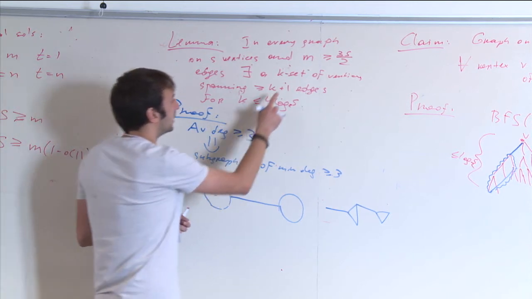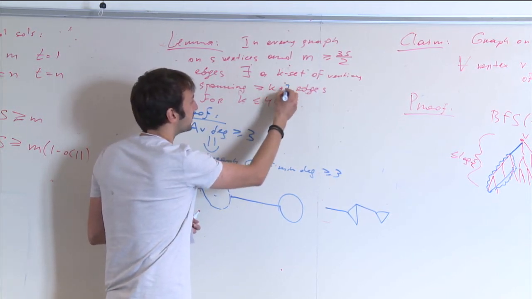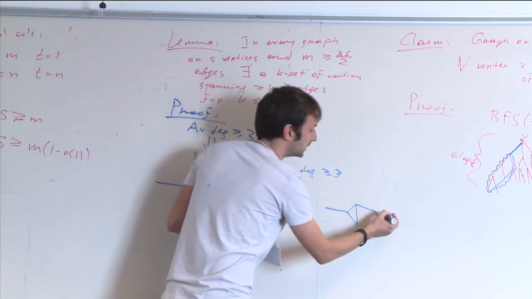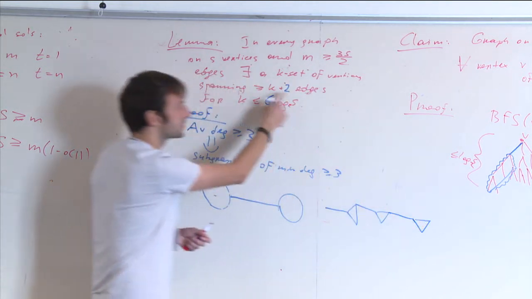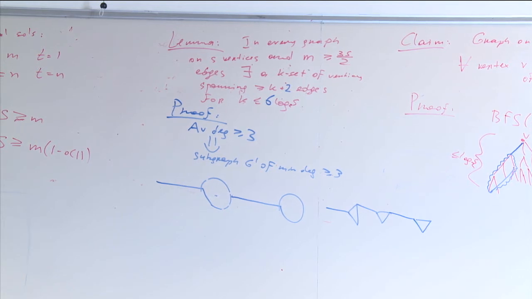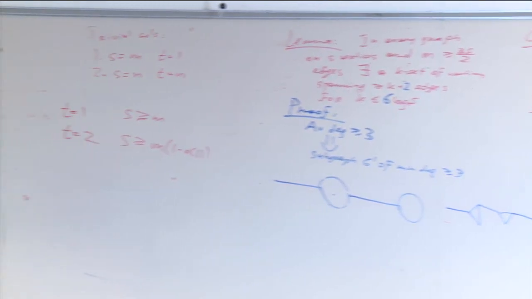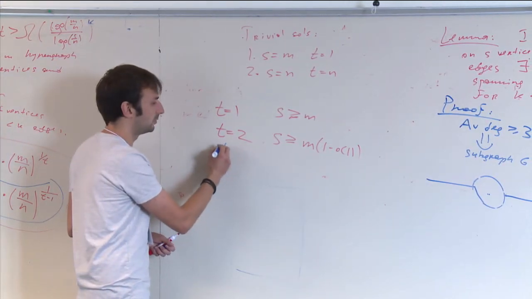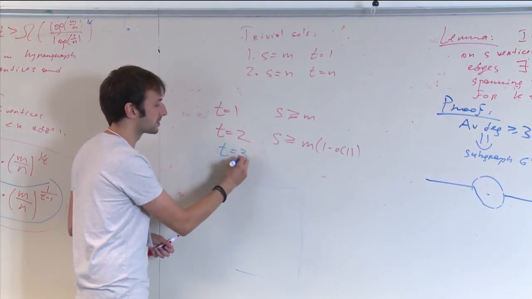In fact, I could say something more. I could say k plus 2 edges, if I replace it by 6 log s, by just adding one more tadpole. I can increase the gap between the number of vertices and number of edges. And this is useful because this actually allows us to generalize this bound for every value of t. Let me show you how we for free get a bound for t equals 3.